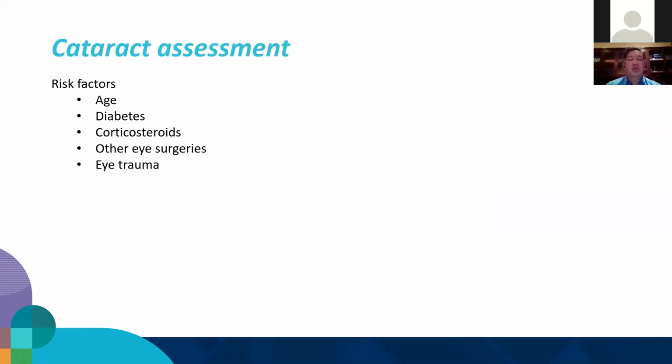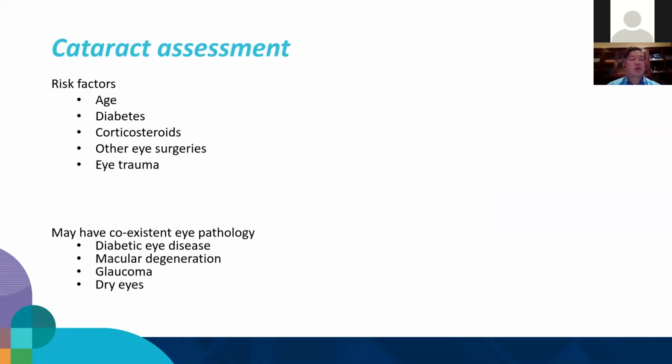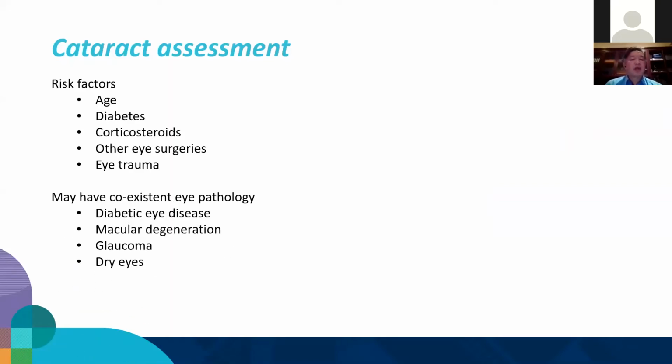Certainly previous eye surgeries like a vitrectomy or trabeculectomy can also exacerbate cataract formation, and previous eye trauma, and I'm talking severe blunt eye trauma in the past, can also cause cataracts. However, as cataracts are very common as you get older, they may have other coexistent eye pathologies such as diabetic eye disease, macular degeneration, glaucoma, or dry eyes.